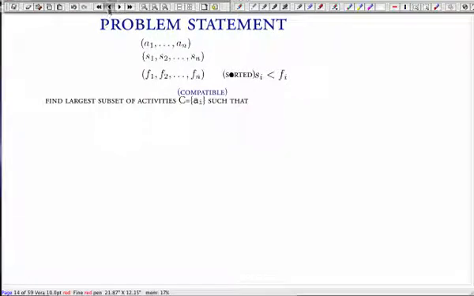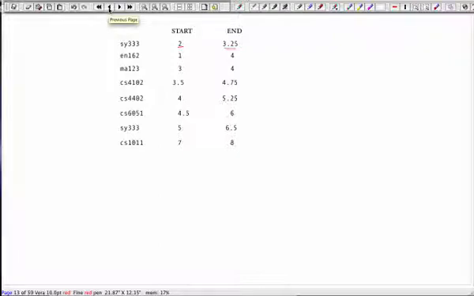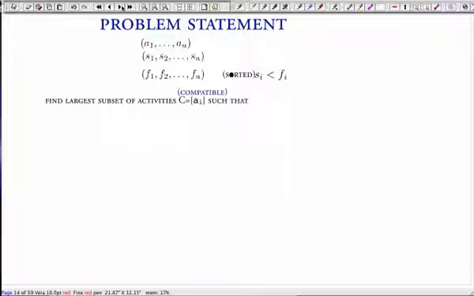So the problem is you're given a schedule with constraints, start time and end time. You can only do one thing at once, and you want to do as many things as you can. So to formalize that, the input is going to be a list of activities.